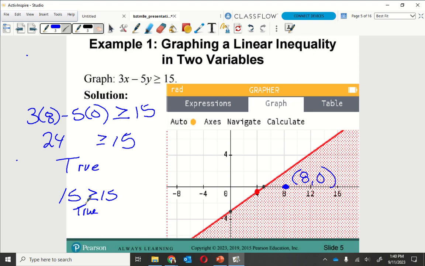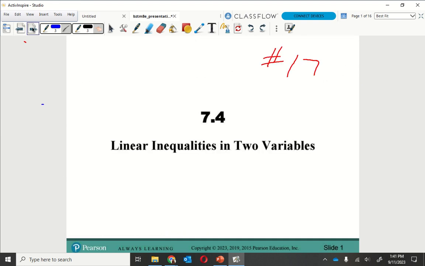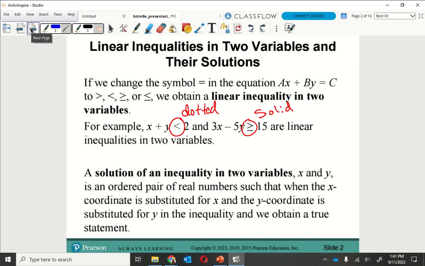The solid line on the bottom means that there's an equal to also. You know, on that second slide right here where it said dotted line or solid line. So these are all equal to, so it's solid line. Dotted line would be not equal to.